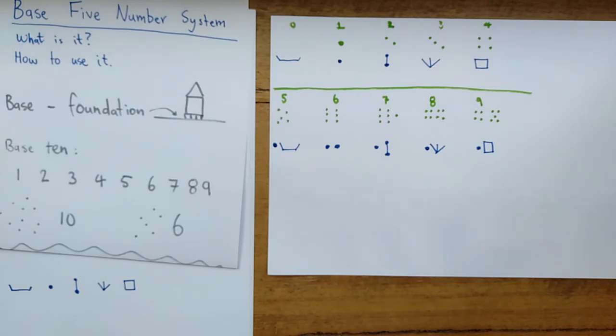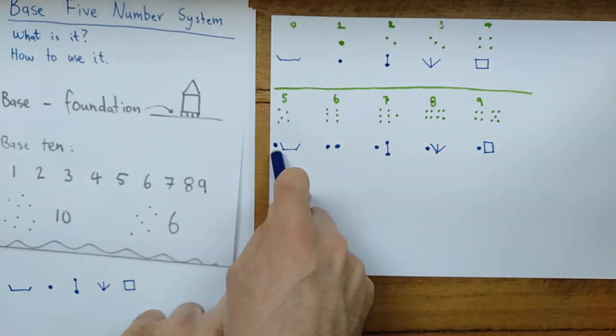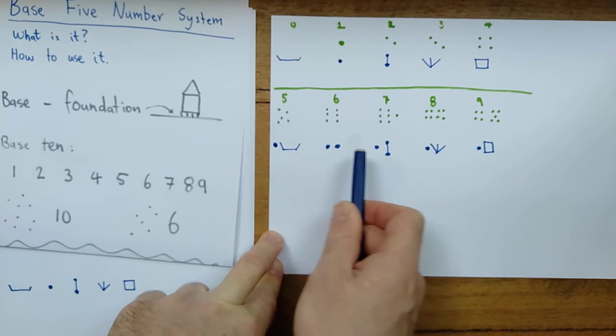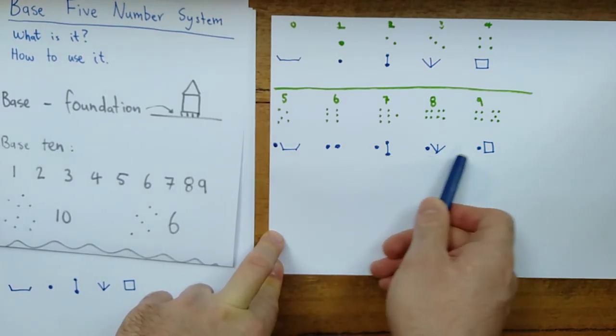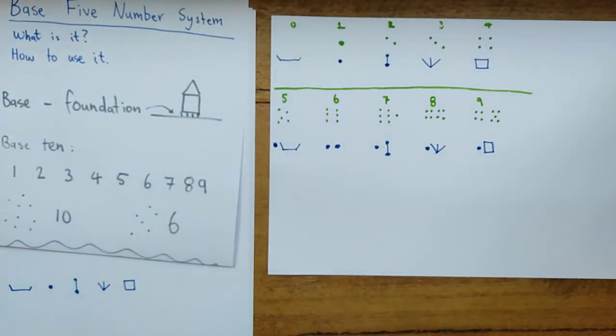And that's what we get when we're working in a base 5 number system. So this is saying 5 here and then 0 added, 5 and 1, 5 and 2, 5 and 3, 5 and 4. Gives us 9.